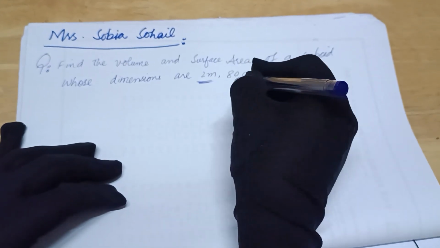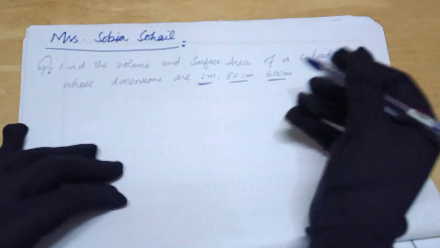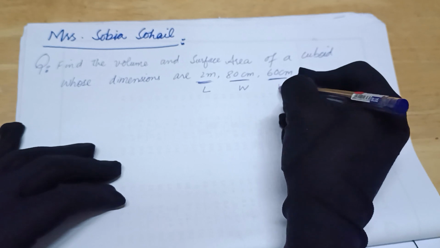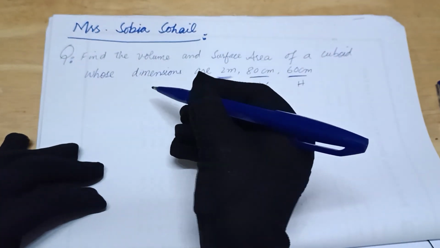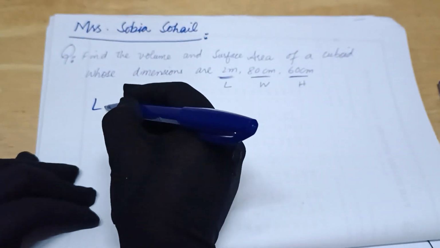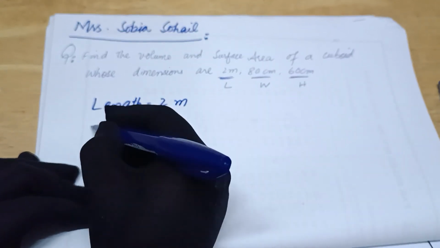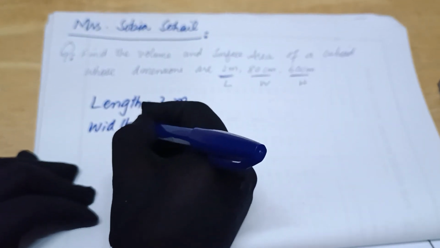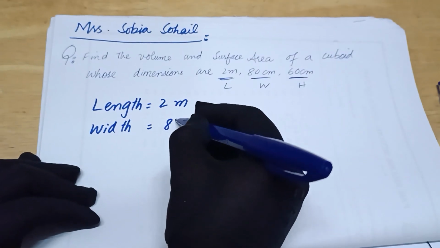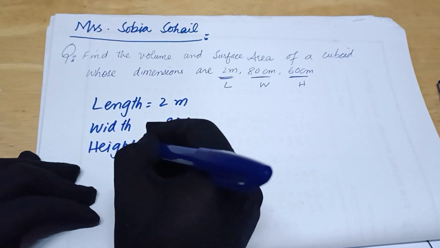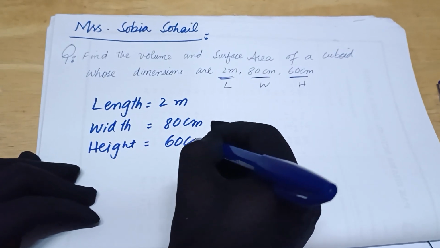So this is the first, second, and third. You can suppose this is the longest one: length, width, and height. Normally, we will write length is 2 meter, width is 80 centimeter, and height is 60 centimeter.